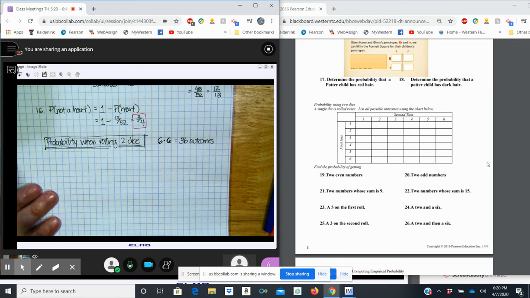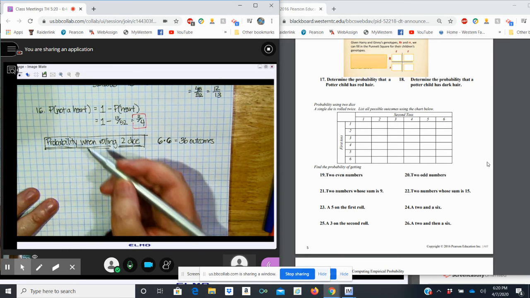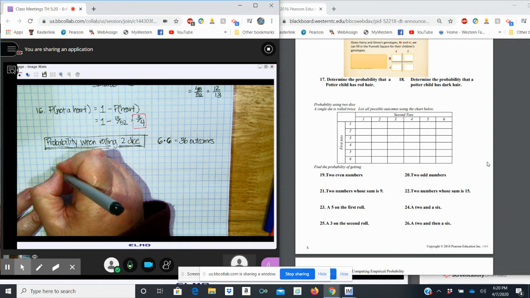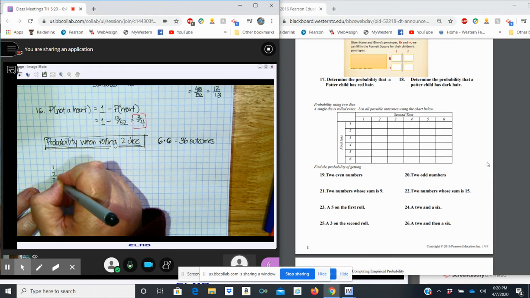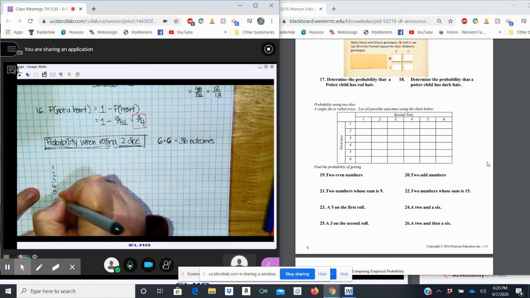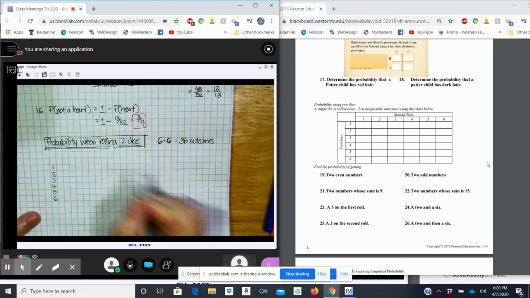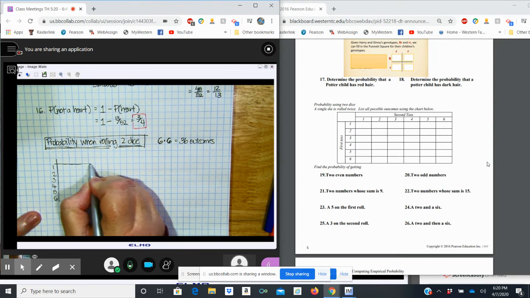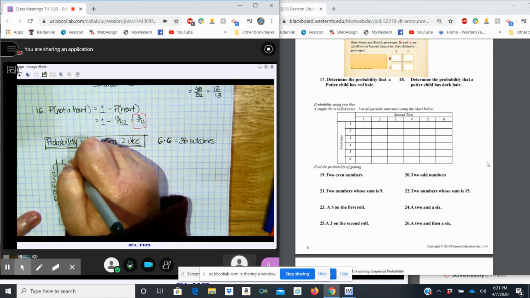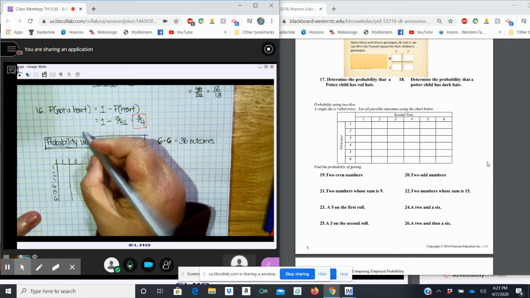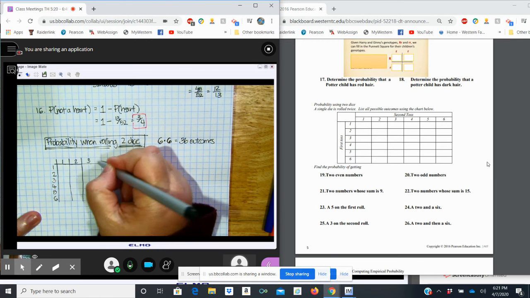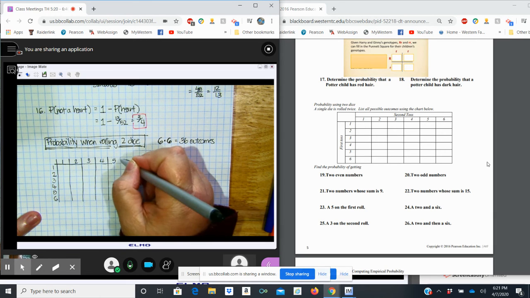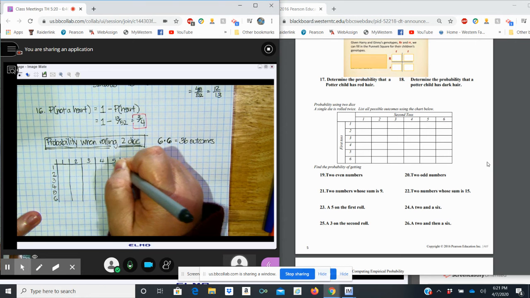Now, this seems like a lot, but if we consider that our first toss could be a 1, a 2, a 3, a 4, a 5, or a 6, and that our second toss could also be a 1, a 2, a 3, a 4, a 5, or a 6.